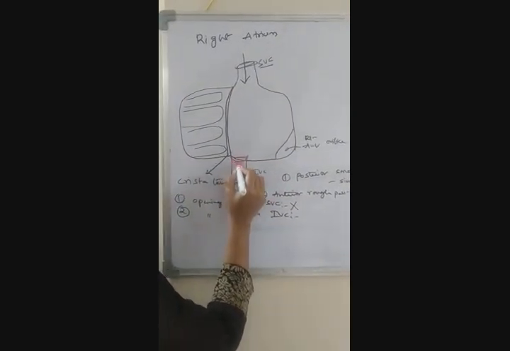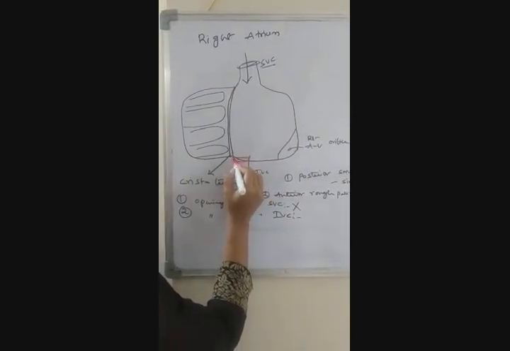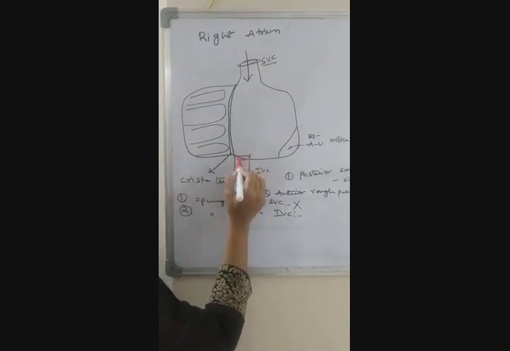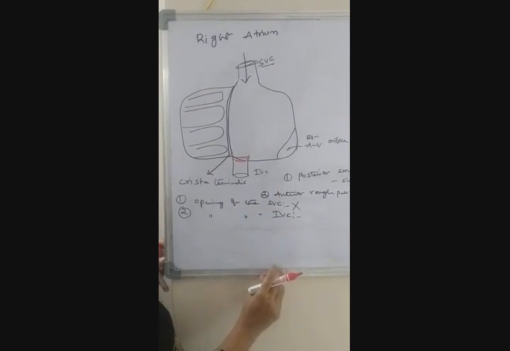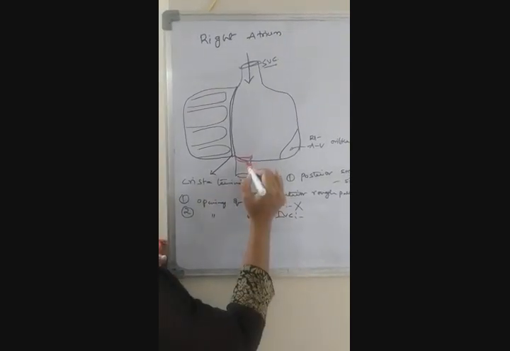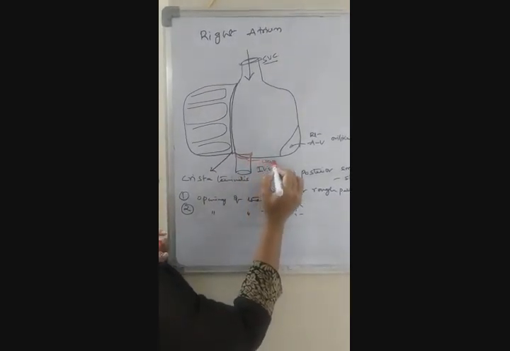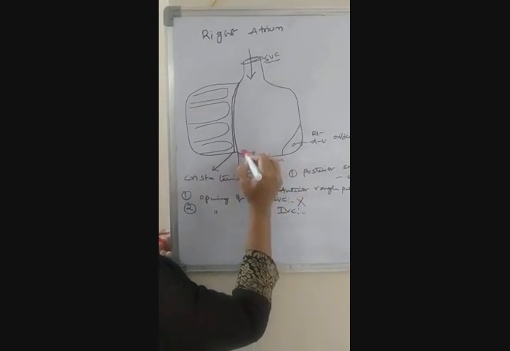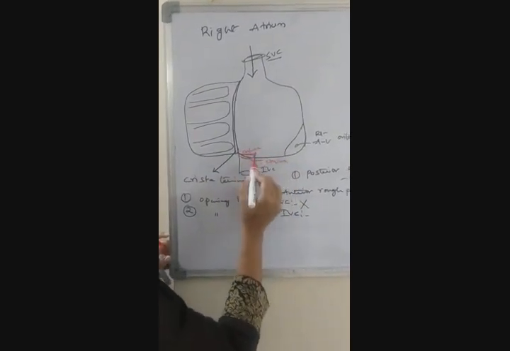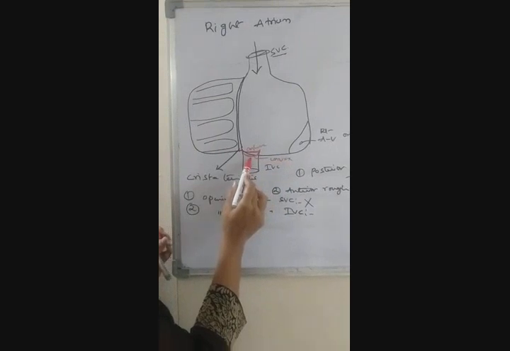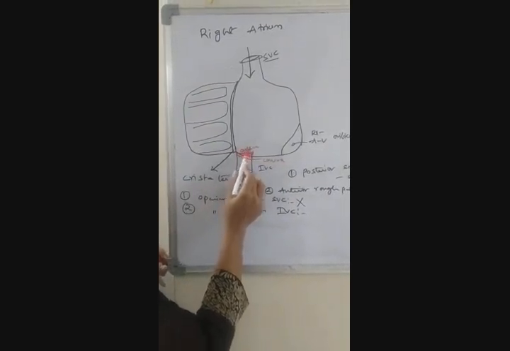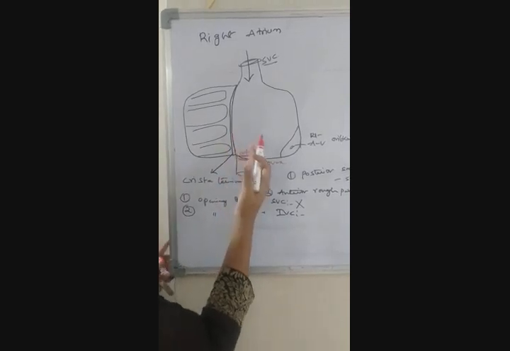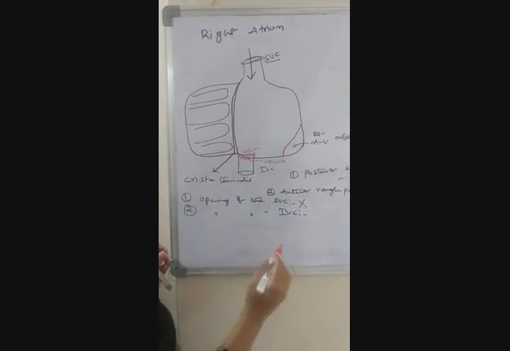This semilunar valve has two margins, convex margin and concave margin. The convex margin is attached to the anterior margin of the opening of the inferior vena cava, and the concave margin projects into the cavity of the right atrium.